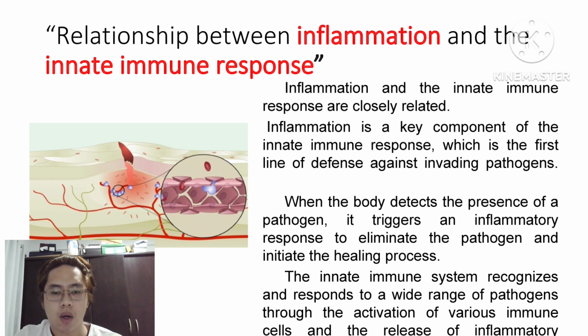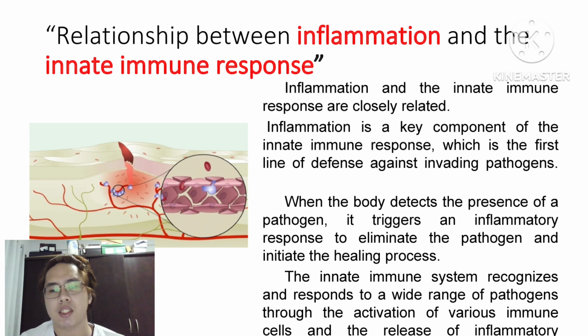Now let's talk about the relationship between inflammation and the innate immune response. Inflammation and the innate immune system are closely related in that inflammation is the key component of the innate immune response, which is the first line of defense against invading pathogens.